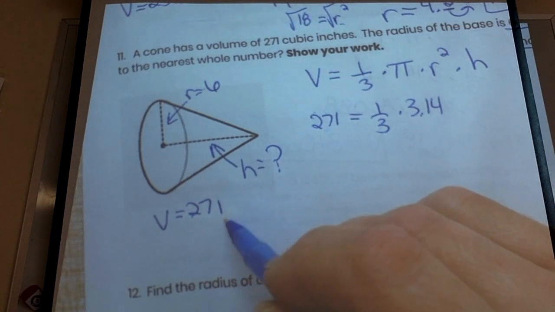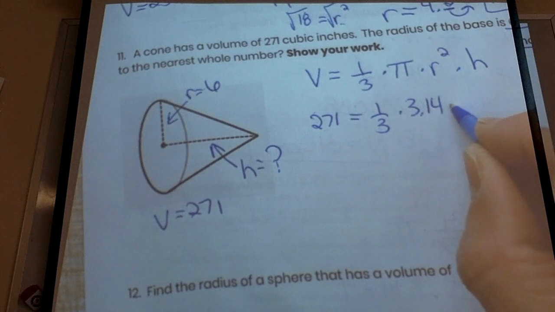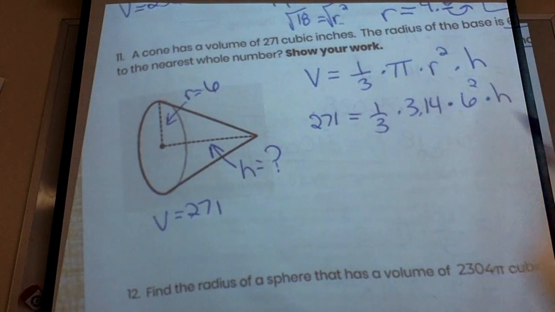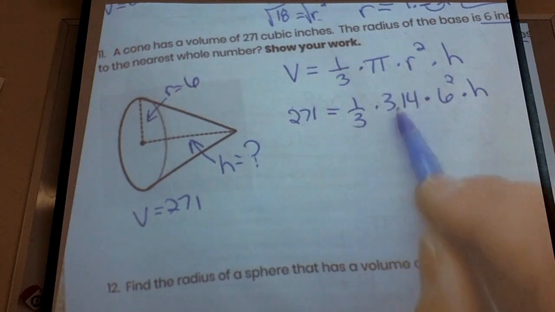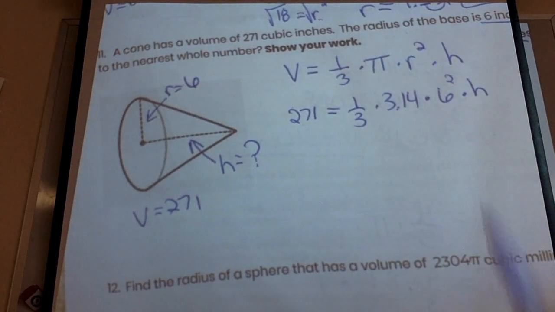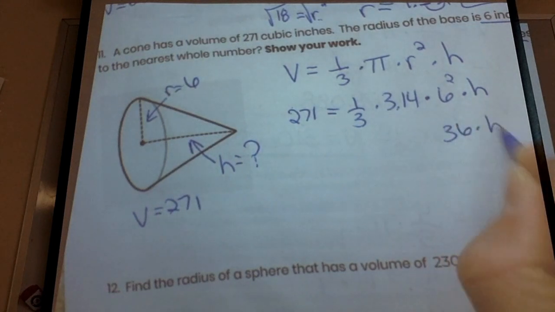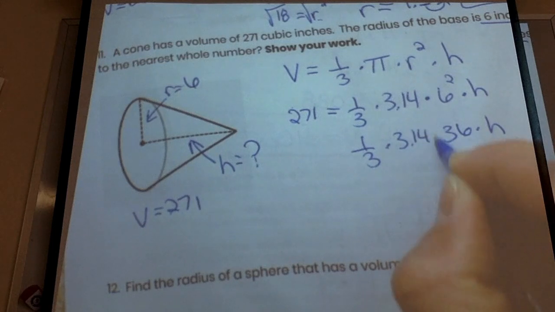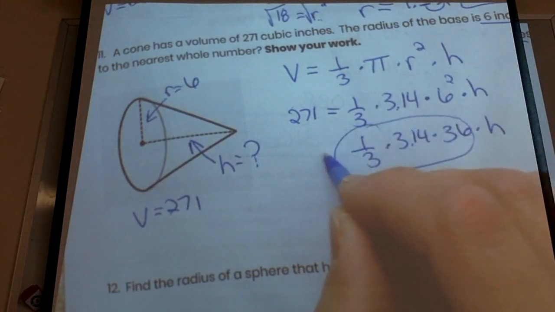So we know it's not in terms of pi. So I'm going to use 3.14. Radius was given to us with 6, so it's going to be 6 squared. But we don't know our h, so that's going to stay h. So we're going to clean this all up. So I'm just going to multiply these 3 numbers together. So we'll take care of 6 squared, it's 36. And so it's going to be 1/3 times 3.14 times 36. So we're going to multiply these 3 numbers together.